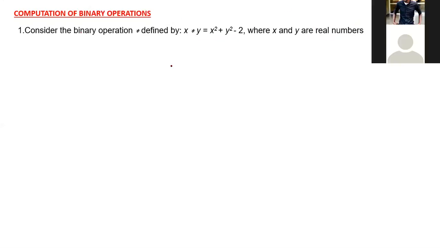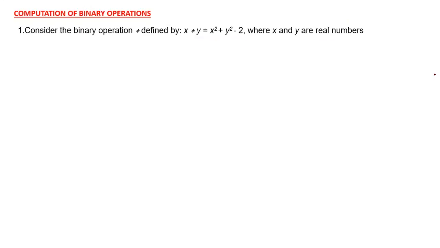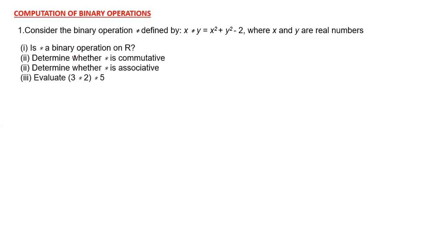Okay, so we proceed. We have the first question here. The question is saying, is star a binary operation on R? This is a question that confuses a lot of people. The other questions are at least straightforward, but this first one is what even some tutors don't know.